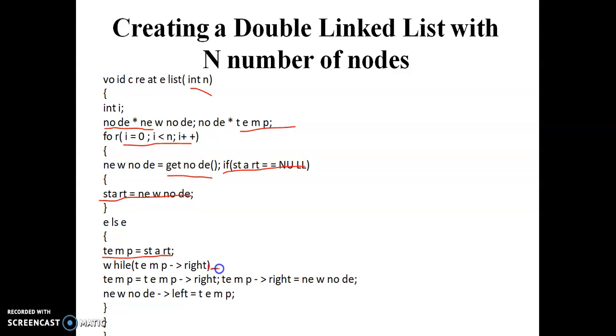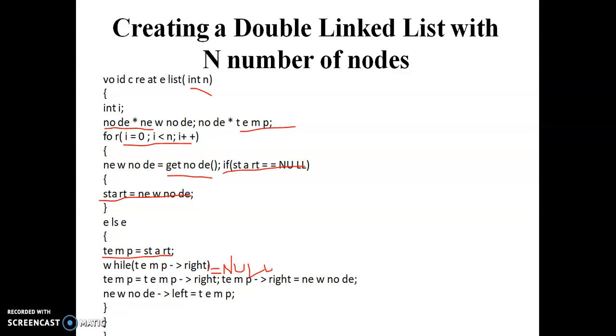Here we are not giving a condition; the meaning is not equals to null. So until temp of right is equal to null, we move along the linked list, and then we can create the new node.